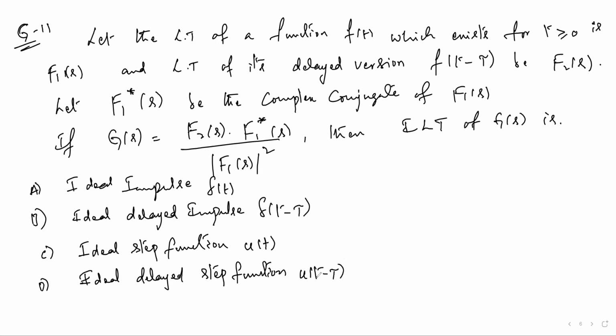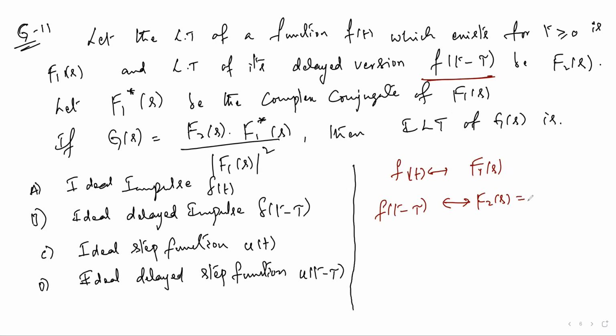I think all of you got answer by this time. Observe this. He says that F1 of s is Laplace transform of f of t. And F2 of s is what? Laplace transform of delayed version f of t minus tau.